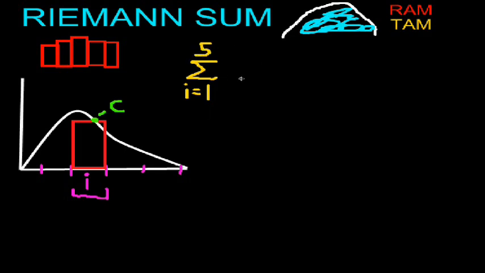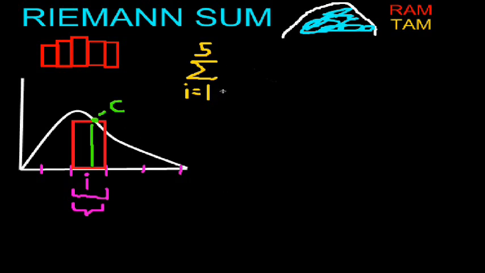So for each of the rectangles, we want to find the area. And of course, we know that area is equal to base times height. Now in the context of this graph, your height is the value of this function at point C, and your base is the change in x on this interval.